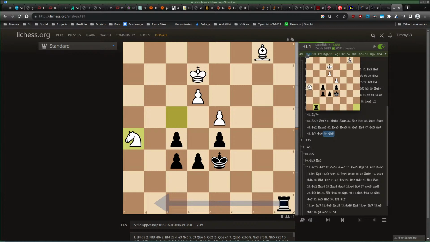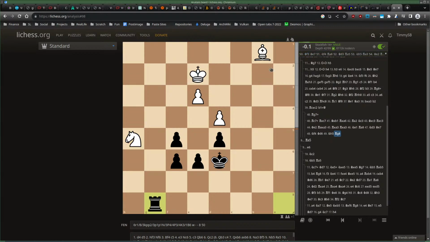He's attacking my pawn. I can defend it. I would attack the bishop, or I would... Why give away that pawn? And he doesn't even take it. Okay, I'm gonna take it.